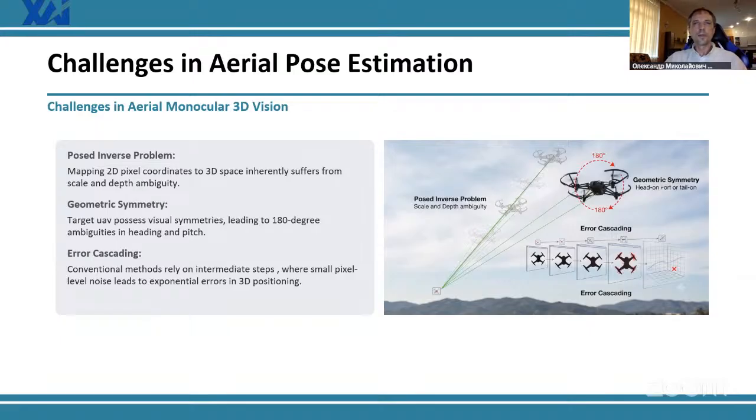For example, a fixed-wing UAV flying away from you may visually appear identical to one flying toward you at certain angles. Finally, traditional multi-stage data processing pipelines tend to amplify small detection errors, leading to positioning inaccuracy during dynamic maneuvers. Next slide, please.